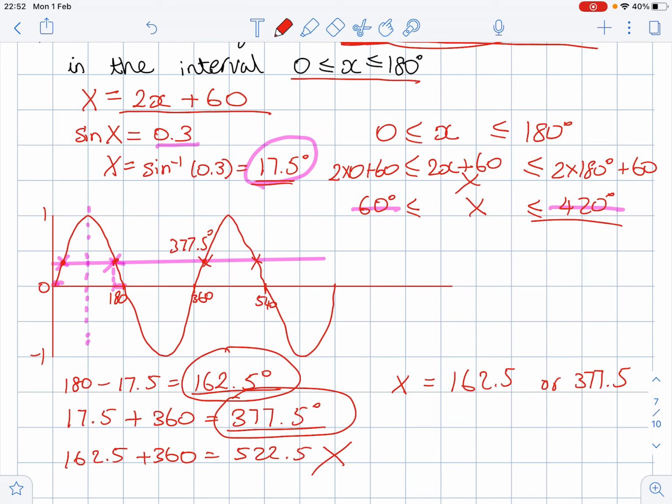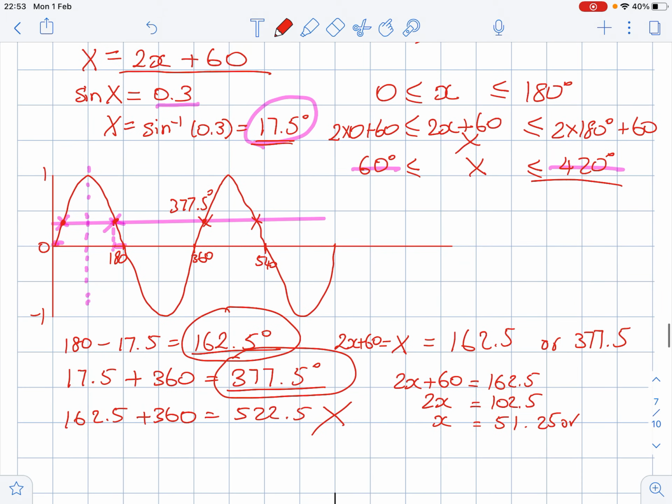Then I was told that my X is the same as 2x plus 60. So we're going to solve the equation. So I have 2x plus 60 equals 162.5. So 2x equals 162.5 minus 60, which is 102.5. So x equals half of this, which is 51.25.